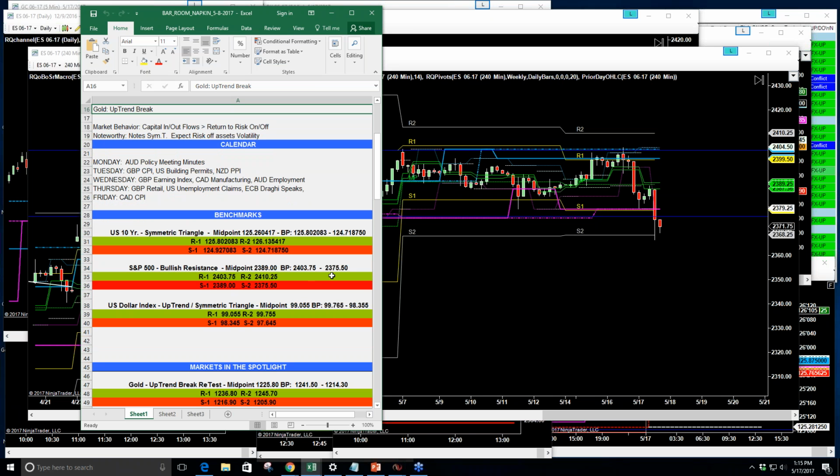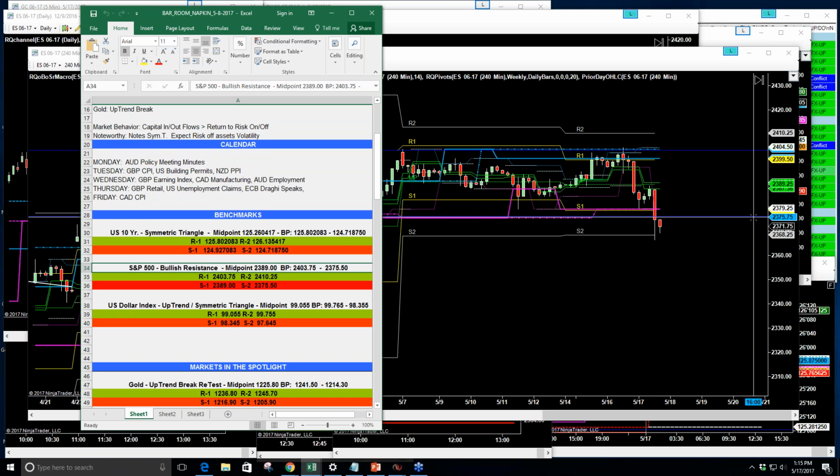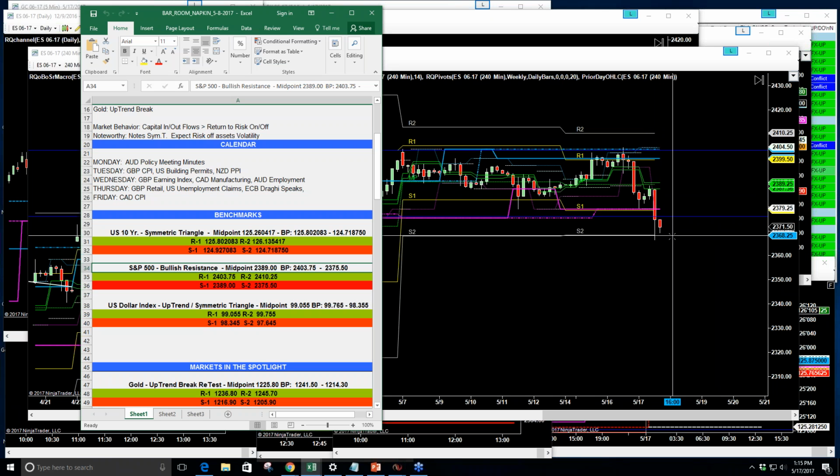Support, well, 23.75 is a break point. Right here. It hit it, went through, looks like it came back close to testing, heading back down.